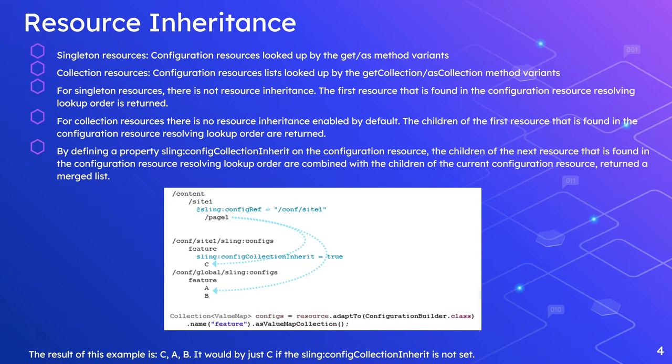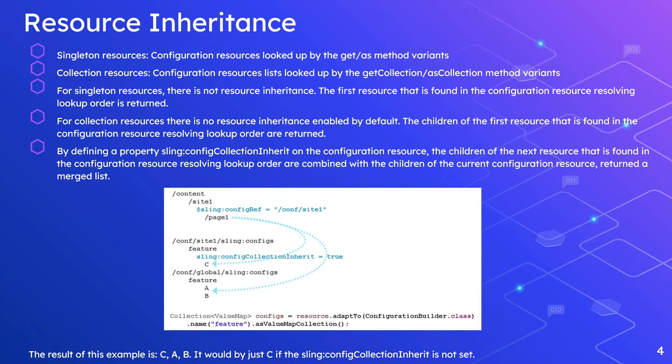So if you see in this diagram, there is a sling config collection inherit true enabled. So if you see the result, what you will be getting with this API is CAB. It will return all this configuration CAB. What is happening is it's trying to match with the next resource also.